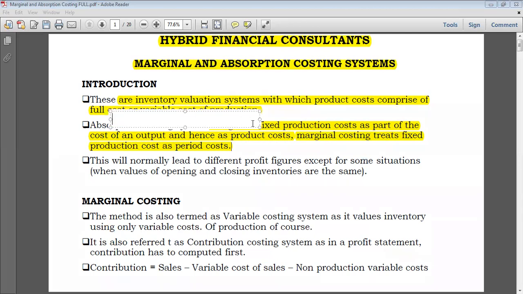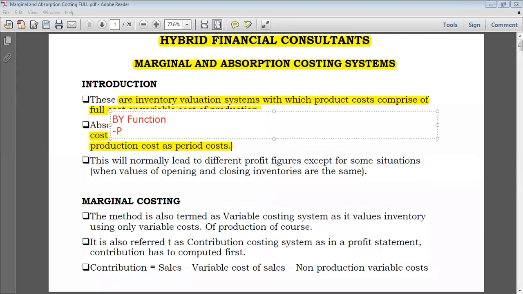You classify costs into production costs and non-production costs.